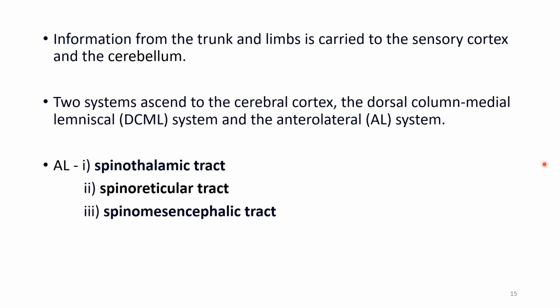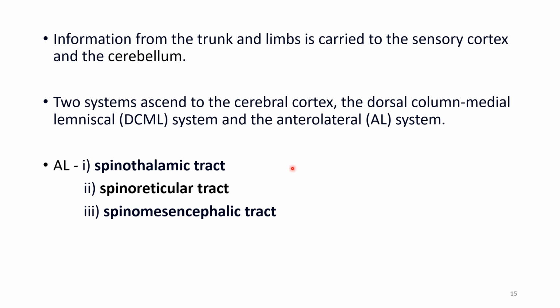So the information from the trunk and limbs is carried to the sensory cortex and the cerebellum. So it gives the information to the cerebellum also, not only to the sensory cortex. So two systems ascend to the cerebral cortex. What are those systems? Dorsal column medial lemniscus system and the anterolateral system.